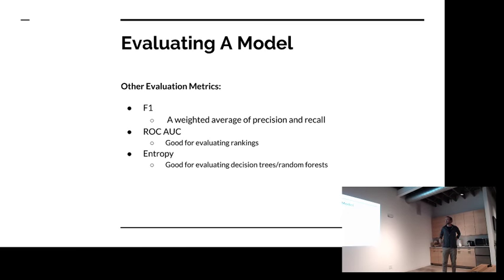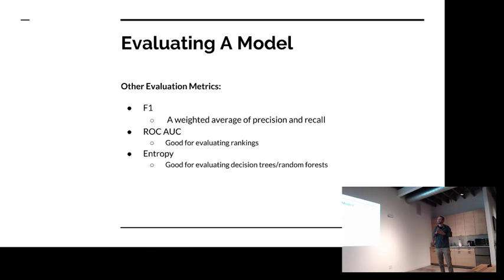And then just some other evaluation metrics. F1 is a weighted average of precision and recall, so it takes into account both. Your precision score can't be super high and your recall score super low, because F1 will balance the two out. ROC AUC is good for evaluating rankings.